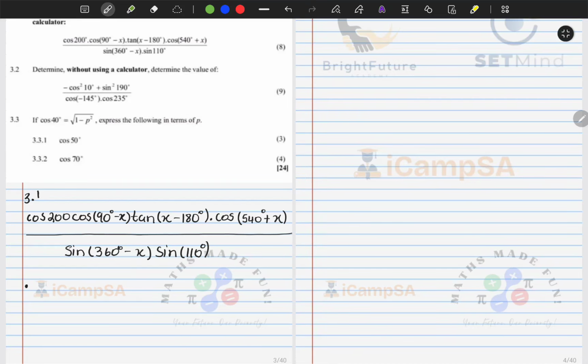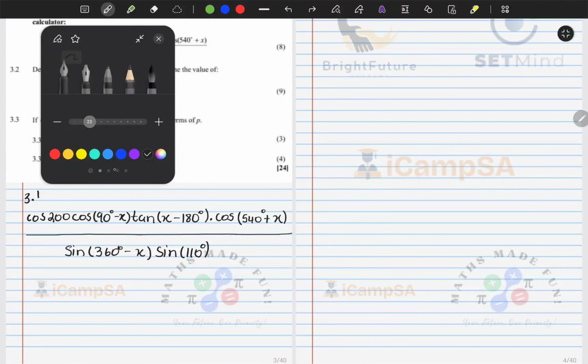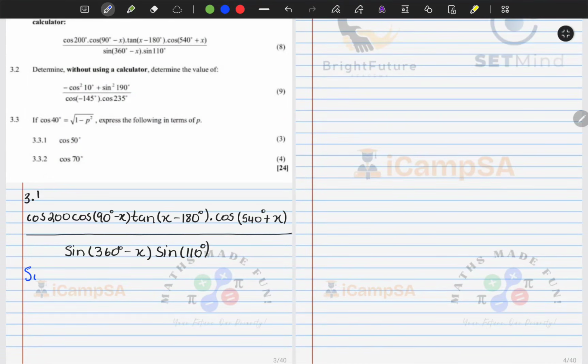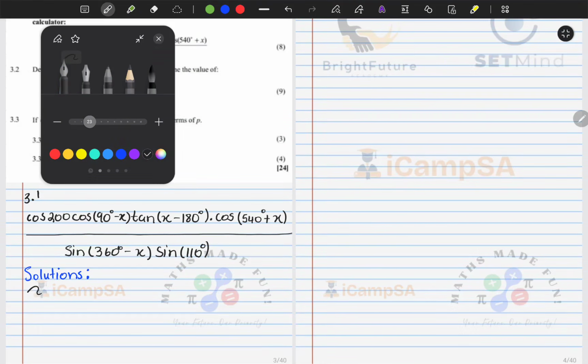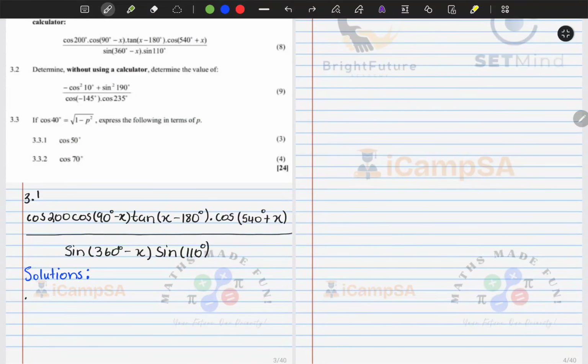What I prefer is to always break down the problem into small bits by simplifying all of these on the side. Looking at the first trig ratio, cos of 200 degrees is the same as cos of 180 degrees plus 20 degrees.